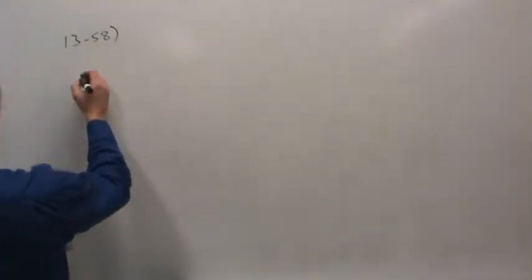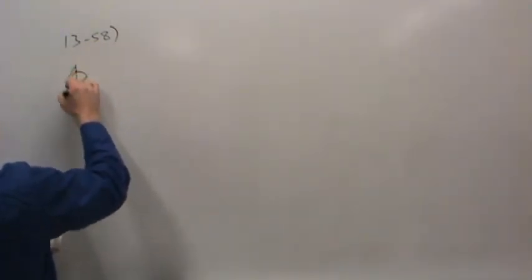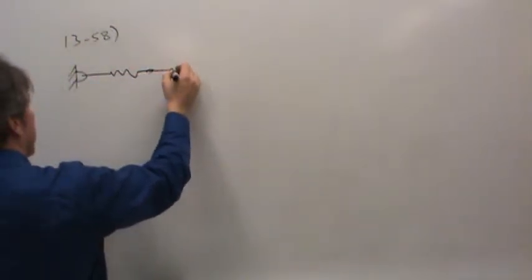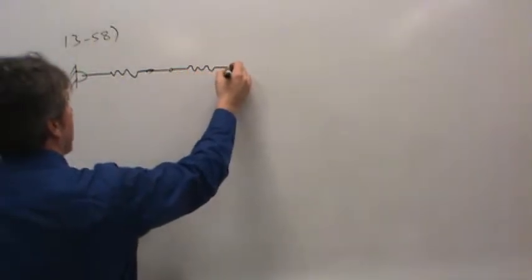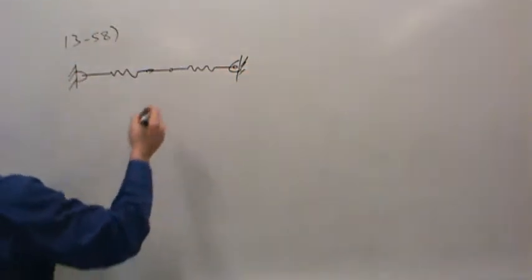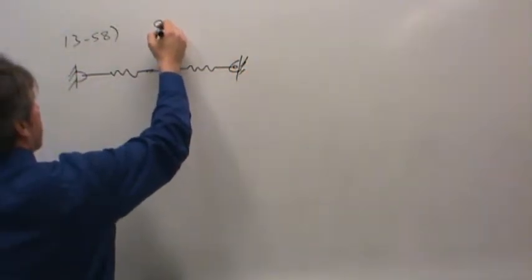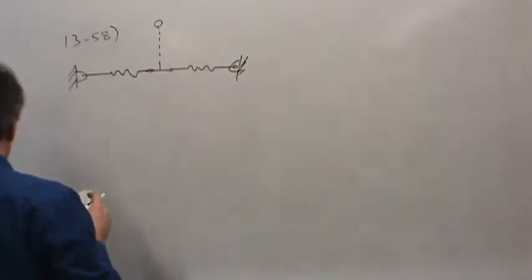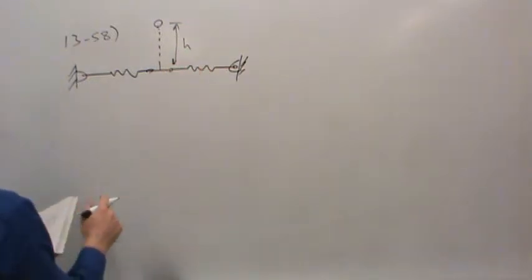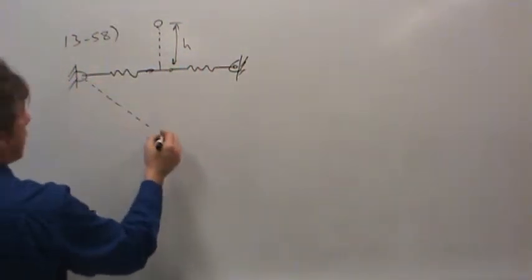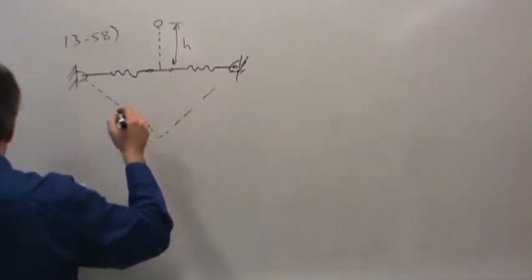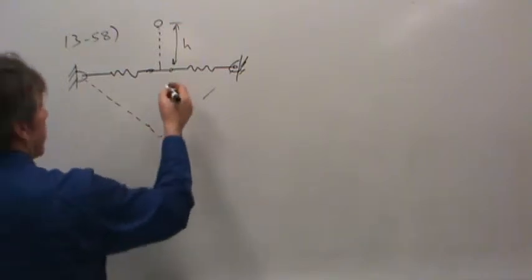Well, let's sketch the system as we wrap our heads around what's going on here. So there's two springs, a piece of cloth, and a ball that's dropped from some unknown height, h. Now, the deflection that occurs is a maximum deflection d of 0.9 meters.